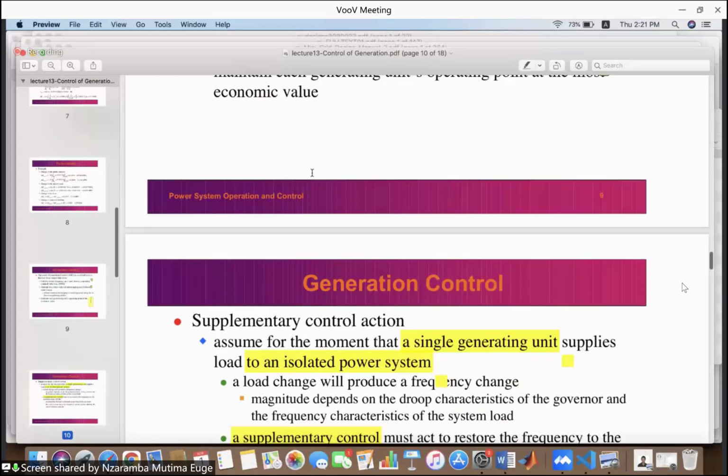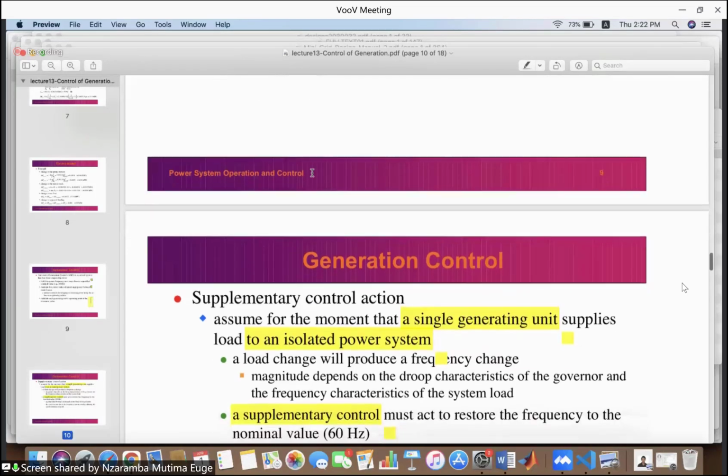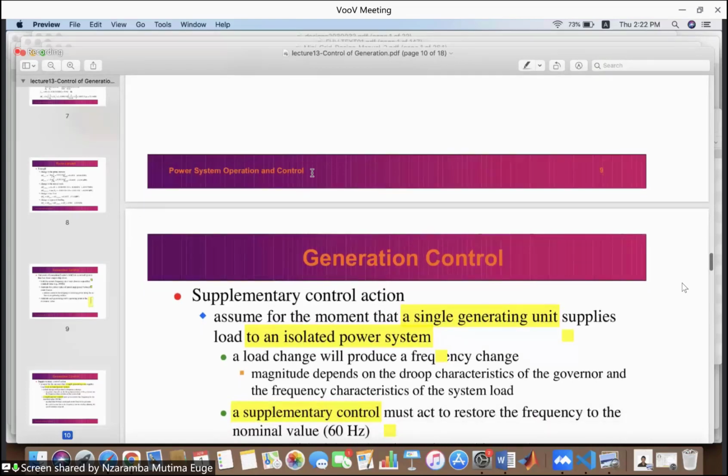And here we are going to see the supplementary control action. Assume for the moment that a single generating unit supplies load to an isolated power system. A load change will produce a frequency change.